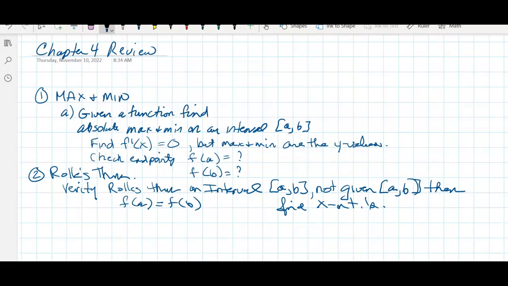You still take the derivative, then take f prime of x, set equal to 0, and where should that x value be? Remember we checked? Because for Rolle's theorem, let me do this. Remember for Rolle's theorem?